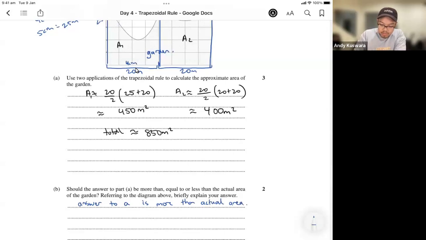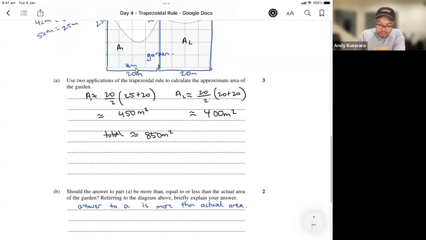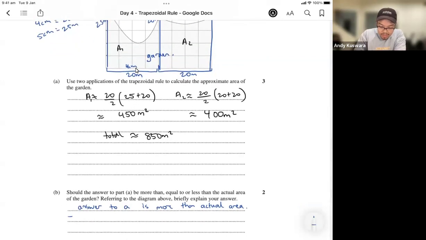And the reason being is, if you want the technical answer, the reason for that is the areas have concave up curves.